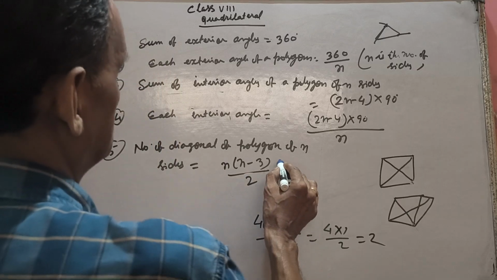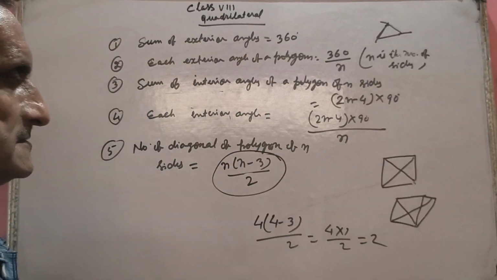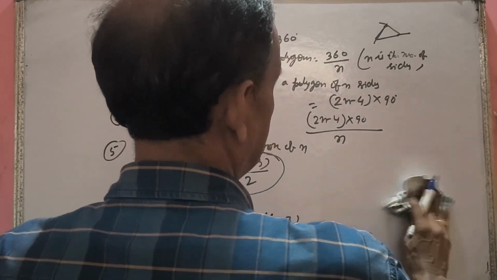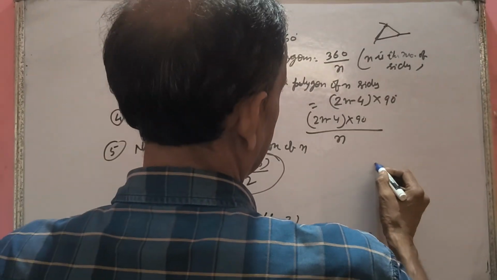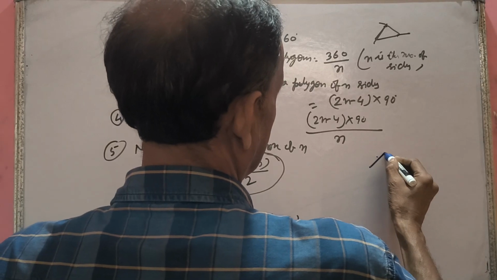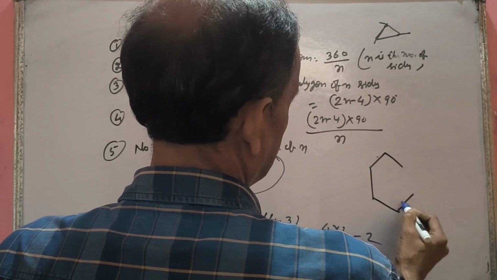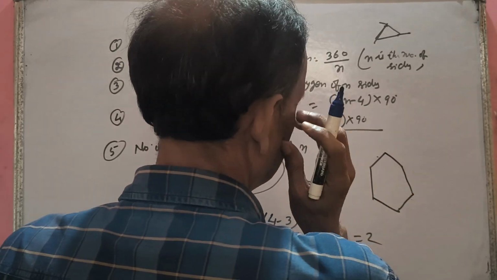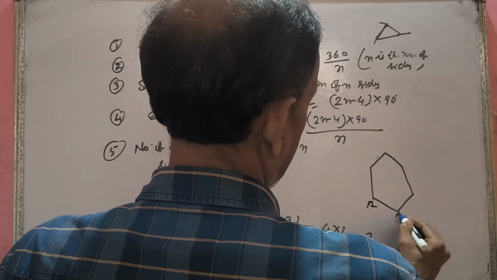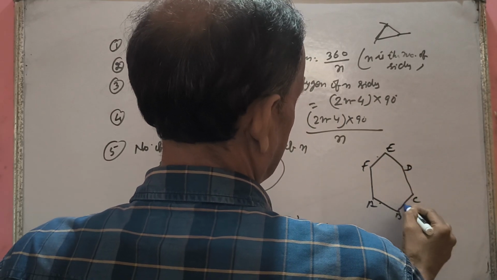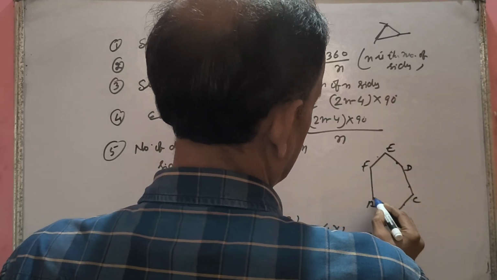So using this formula, see, if you have to draw a hexagon and find out how many diagonals there are, it is very difficult to draw all the diagonals. It will take so much time. First you need to draw the hexagon A, B, C, D, E, F. Now what is a diagonal?